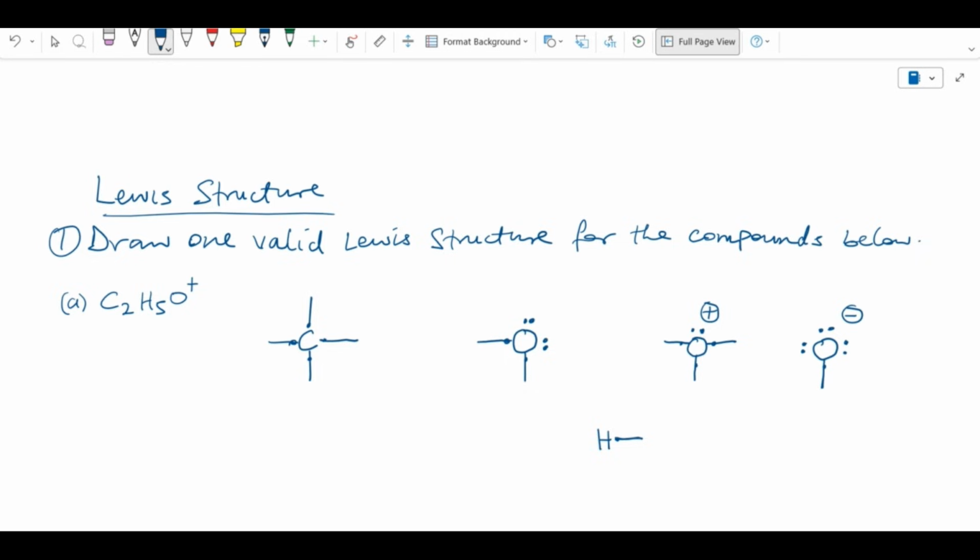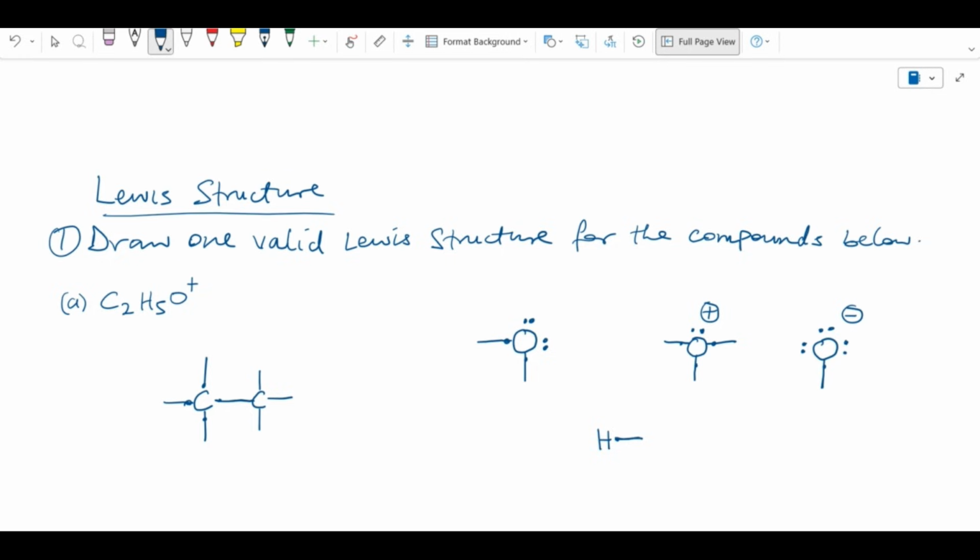Alright, so let's use the bonding pattern to form the Lewis structure of this compound. We have 2 carbons, 5 hydrogens, and 1 oxygen. So here's what I'm going to do. I'll connect the carbon atoms this way.